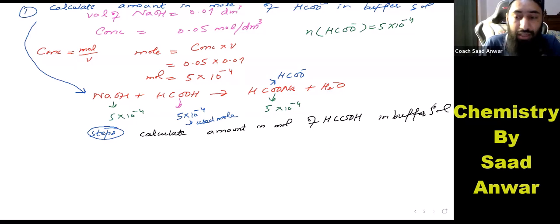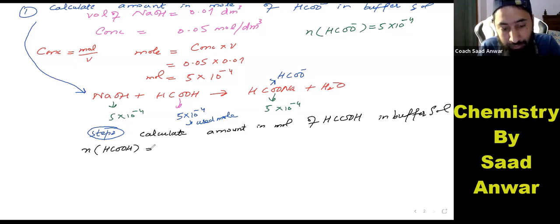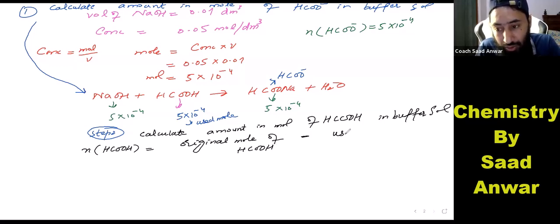So now I have to find the amount of formic acid in buffer solution in moles, and that is the original moles of formic acid which I put in solution minus the used mole of formic acid. Used mole means the mole which reacted with sodium hydroxide.